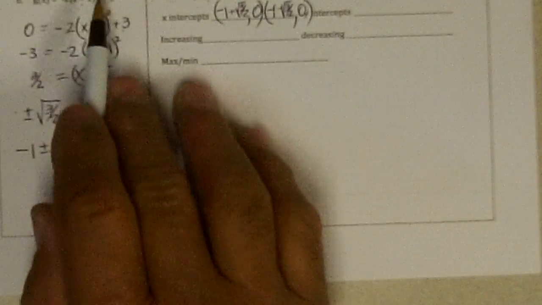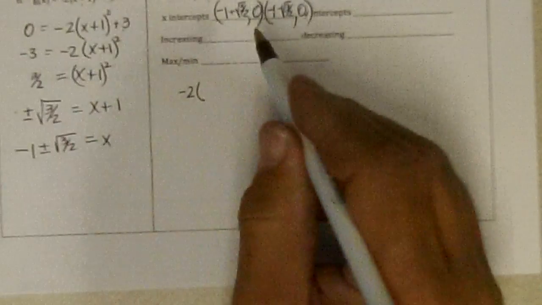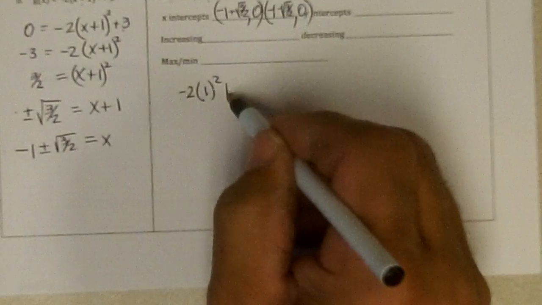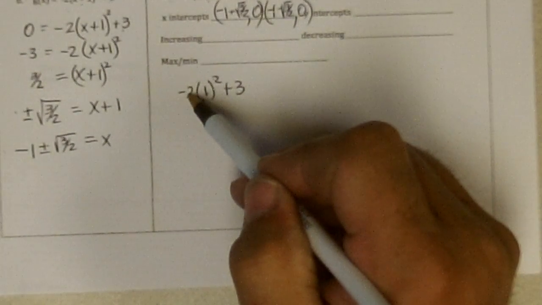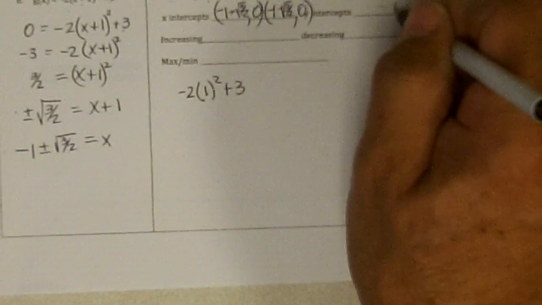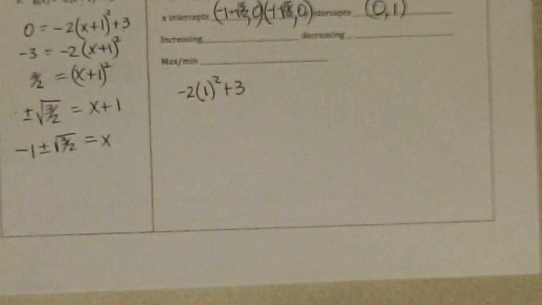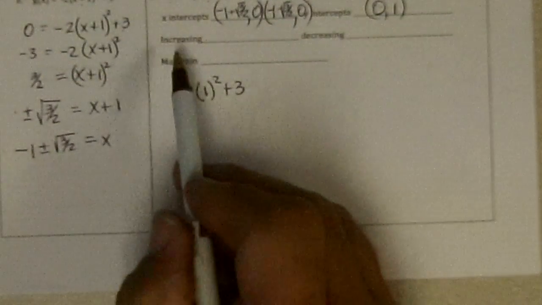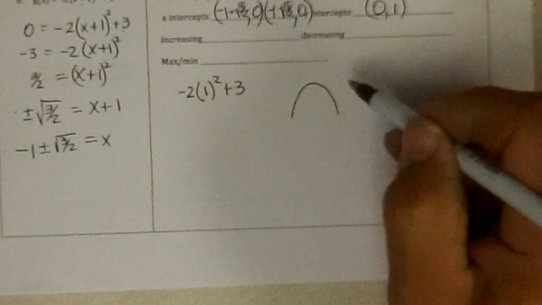Y-intercept, if I put 0 in, I get minus 2 times 0 plus 1 is 1 squared plus 3. 1 squared is 1 times minus 2 is minus 2 plus 3 is 1. When x is 0, y is 1. When is this increasing? Well, this happens to be an upside down parabola.